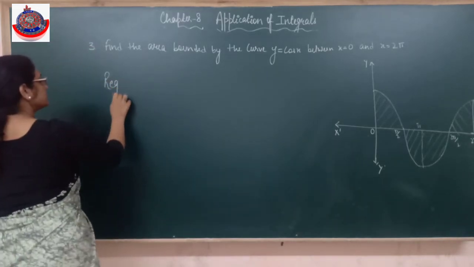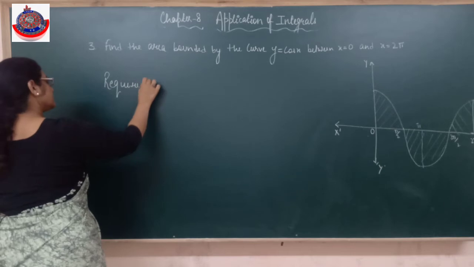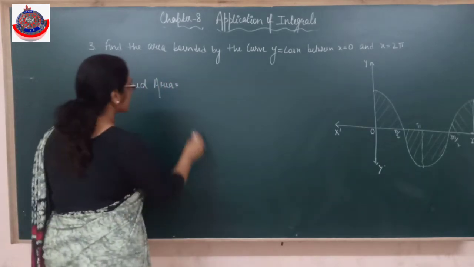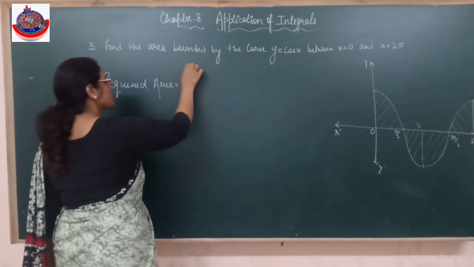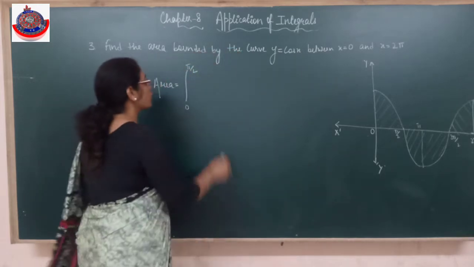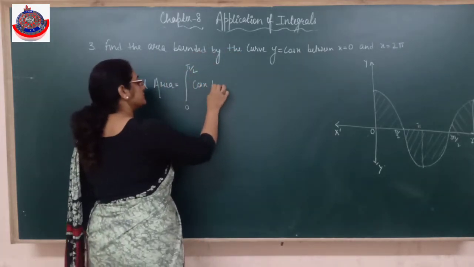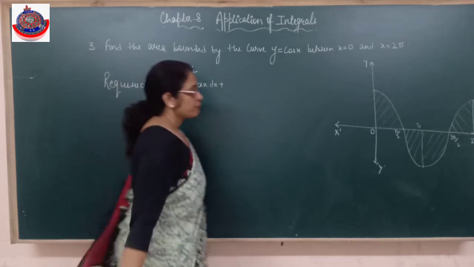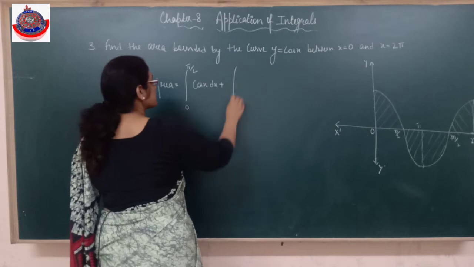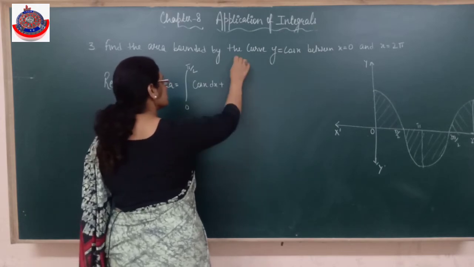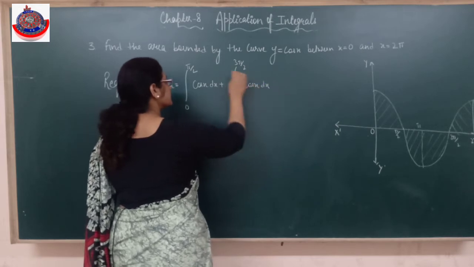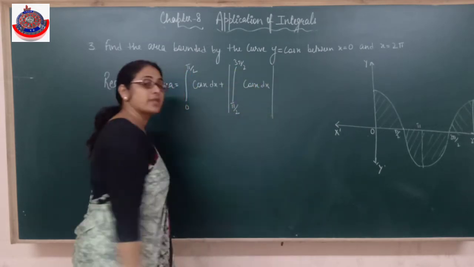Required area: first of all 0 to pi by 2, cos is positive there, so it will be cos x. From pi by 2 to 3 pi by 2, it is coming in the negative, so I am going to put modulus.